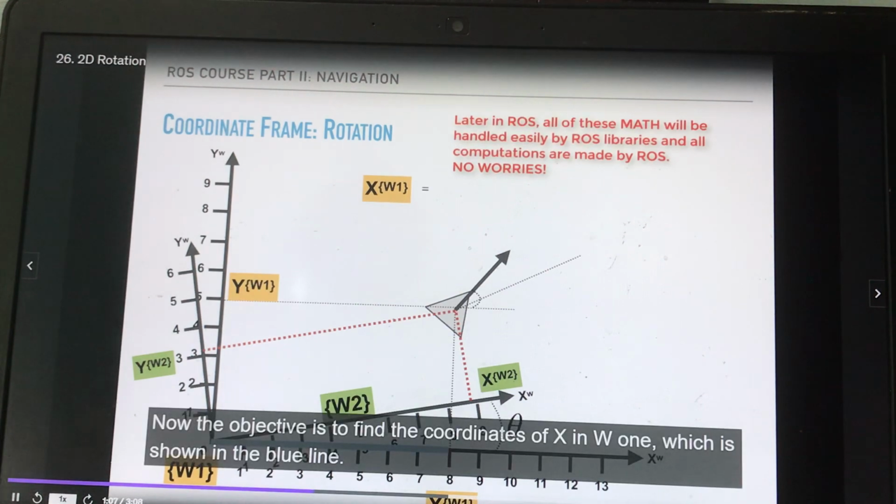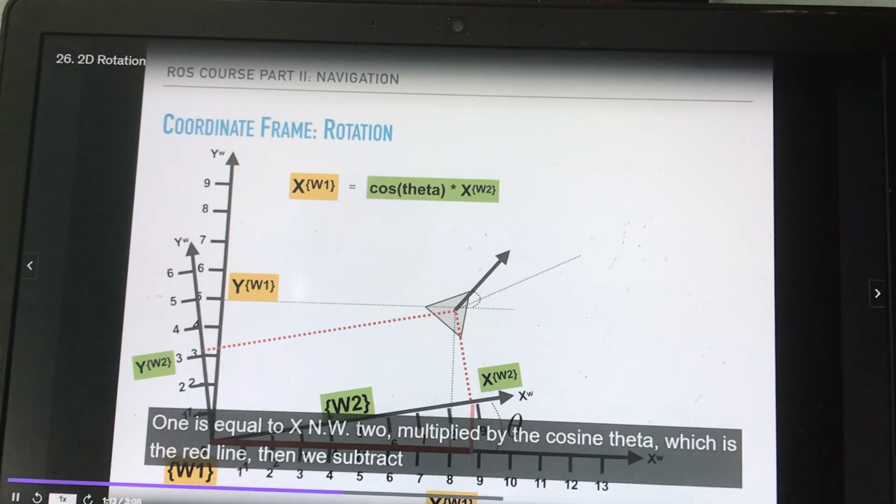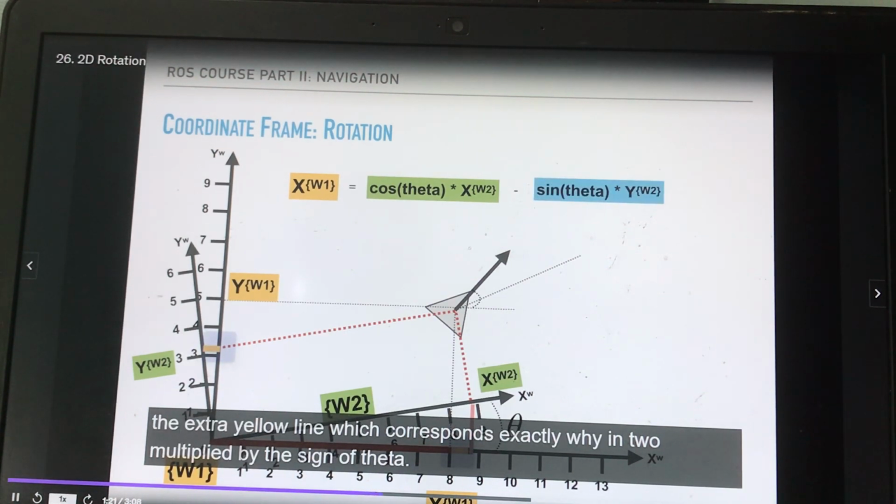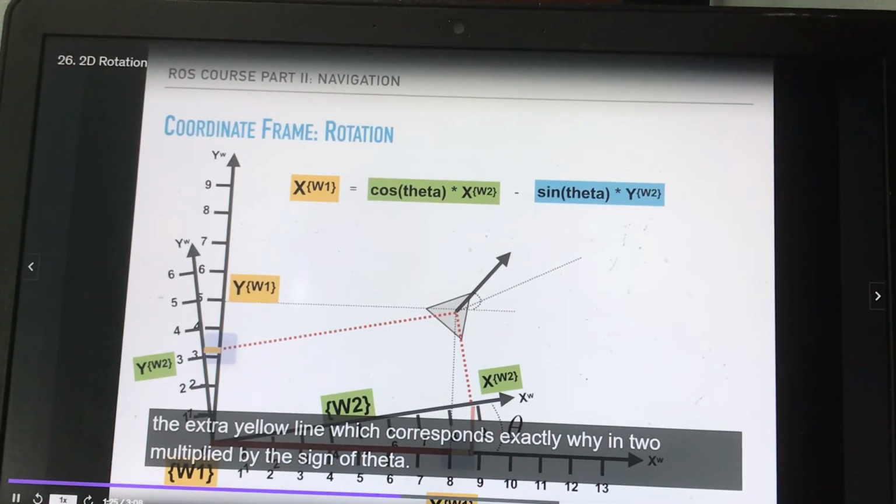Now the objective is to find the coordinate of x in W1, which is shown in the blue line. x in W1 is equal to x in W2 multiplied by the cosine theta, which is the red line. Then we subtract the extra yellow line, which corresponds exactly to y in W2 multiplied by the sine of theta.